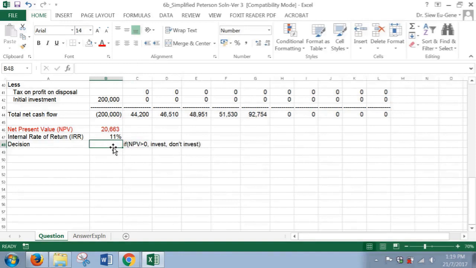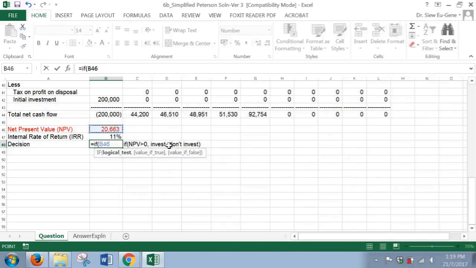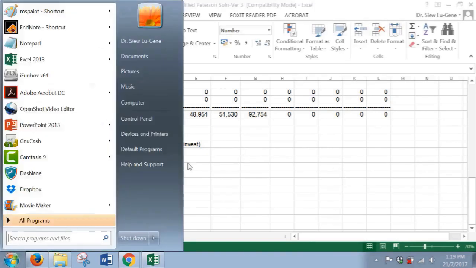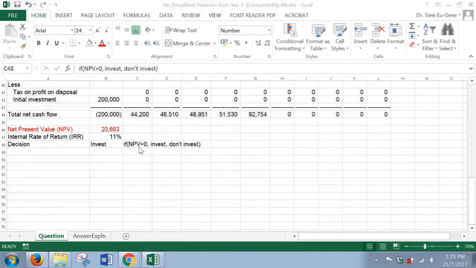So the theoretical best solution is actually the NPV. All right, let's do this. If NPV, which is B46, is more than 0, we invest. Otherwise, we don't invest. Right, I'll just move this so that we can see the formulas easier.